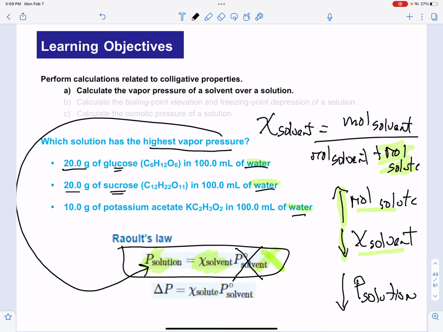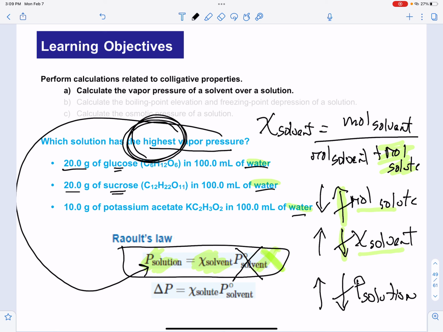So we're looking for the one that will make the pressure the highest, right? So we want this to go up because we want this to go up. So we are looking for the one that gives us the least amount of solute. So think about that. Rewind, go forward until you get it.